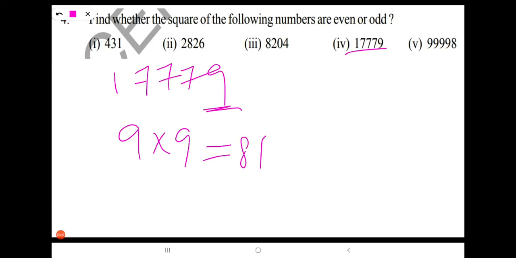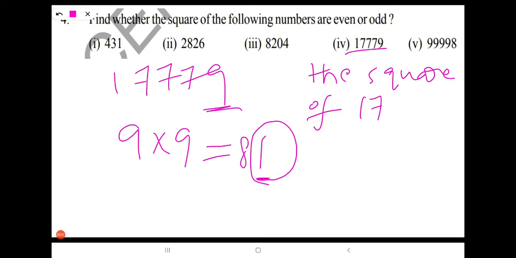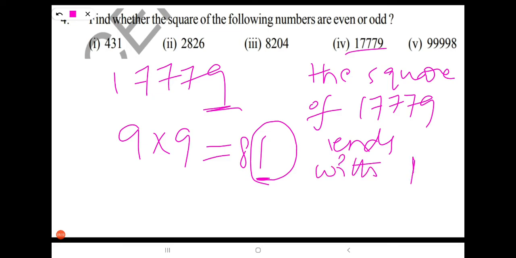So what can we conclude here? The square of 17779 ends with 1, that is, it ends with an odd number.